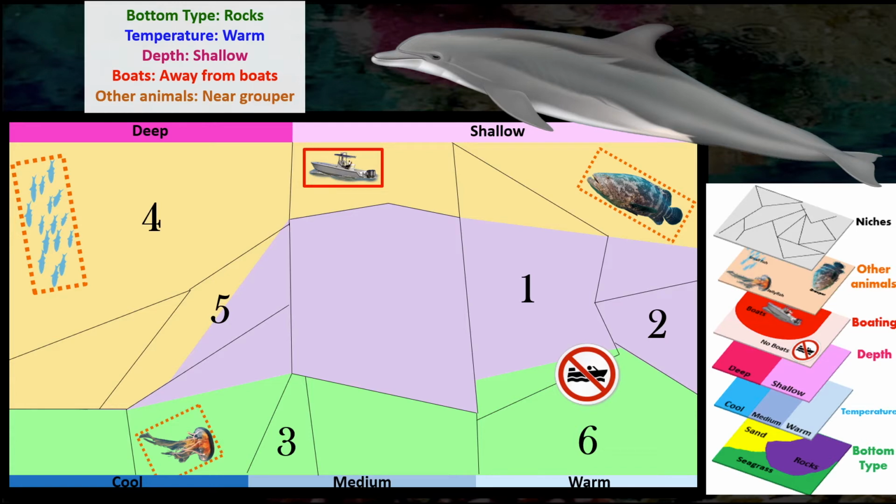We know we want shallow water, so we're on the far right. Away from boats, so maybe 1 is a little bit too close to the boats, don't you think? And then we want to be near the grouper. And so maybe niche 1 might fit, but there's still some sand and some seagrass in niche 1. So I would say niche 2 is where the dolphins belong.